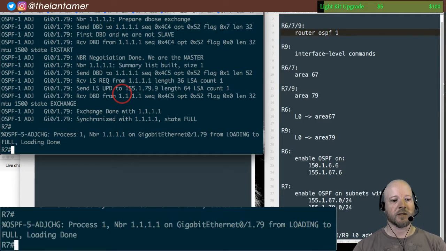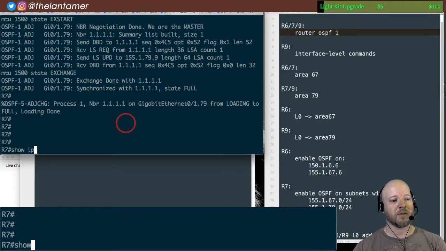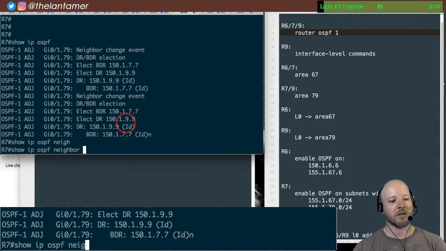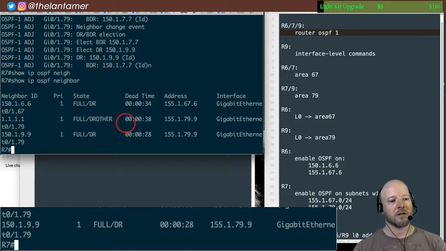And on router 7, okay. Now it's showing the neighbor. So we had to clear it. And now show IP OSPF neighbor. Interesting.